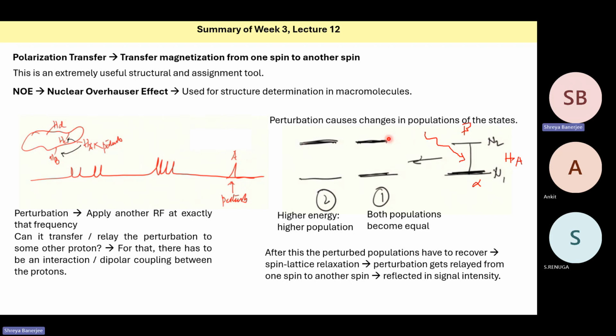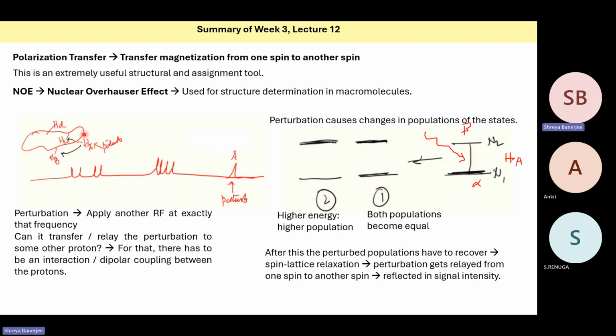But eventually the populations will try to come back to their original population, which is called the spin lattice relaxation. So when the population of HA goes back to the equilibrium population, this energy will again be released. And this energy or perturbation will now affect another spin. So it will reflect in the signal intensity of that spin. So that is what these black arrows show. You are perturbing HA, that is, you are changing the population of HA.